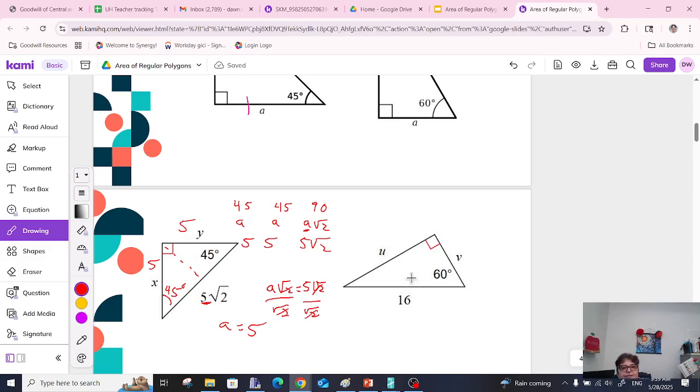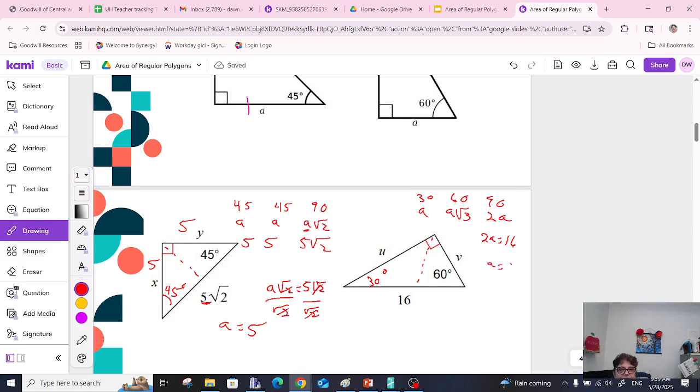What about this one? This is 30, if this is 60, and so 30, 60, 90 is A, A square root 3, 2A, and across from the 90 is 16. So if across from the 90 is 16, 2A equals 16, so what would A have to be? 8.